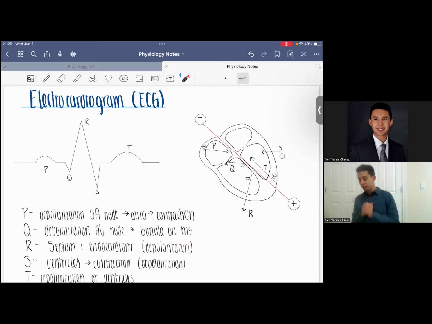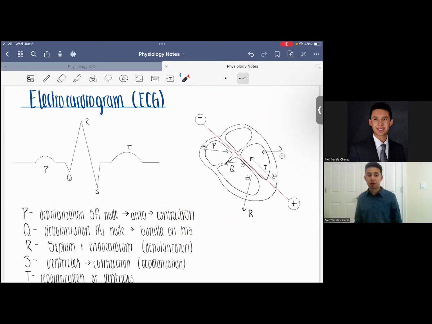Electrocardiograms are really good in healthcare because they can help us to understand different types of pathologies inside the heart. For example, what will happen if instead of starting the depolarization at the endocardium, we start with the pericardium, for example.